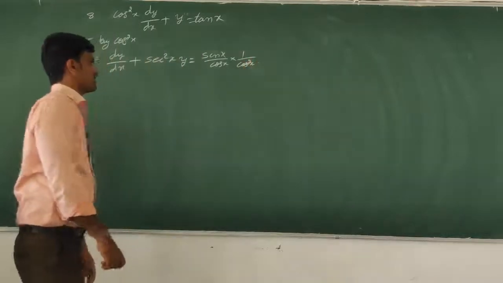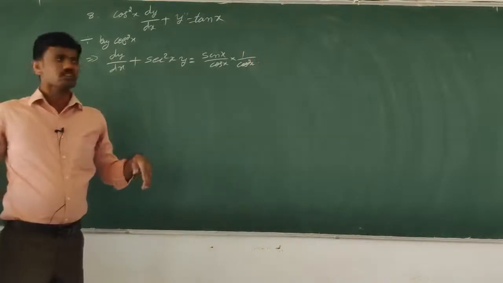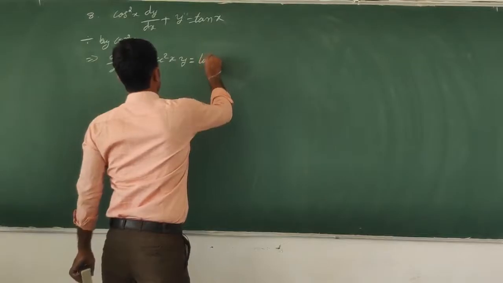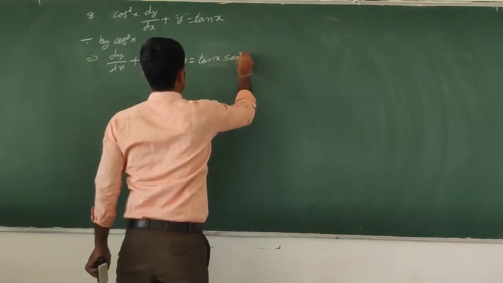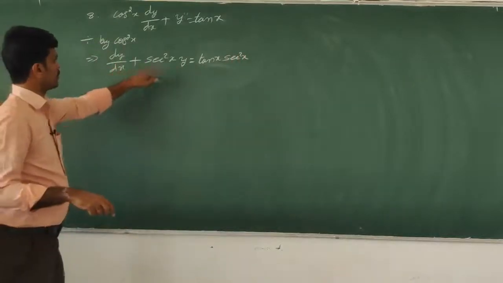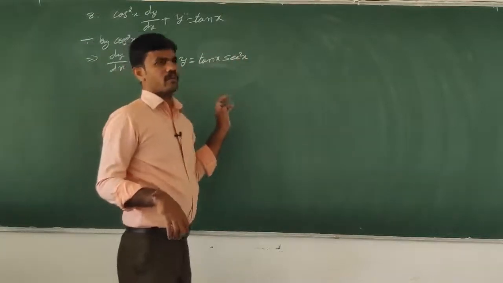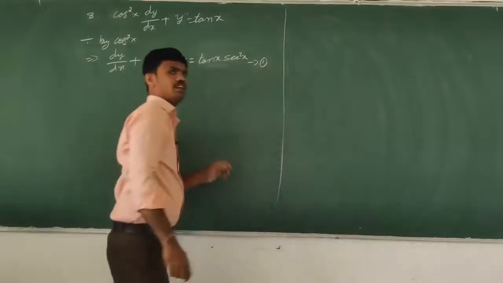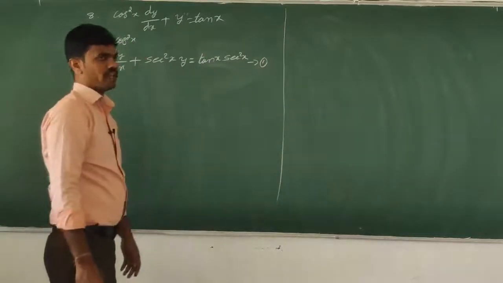Tan x is nothing but sin x by cos x into 1 by cos square x, or that can also be written as tan x only, then 1 by cos square x as secant square x. Okay, now the coefficient of dy by dx is 1. So here p and q are free from the y variable. That's why we call this equation 1, because this is of the form LDE, linear differential equation in the y variable.